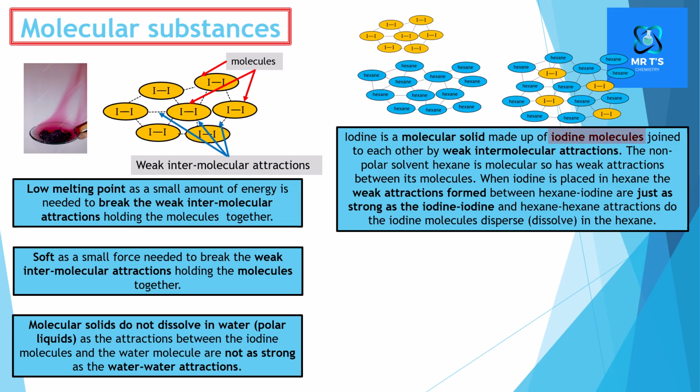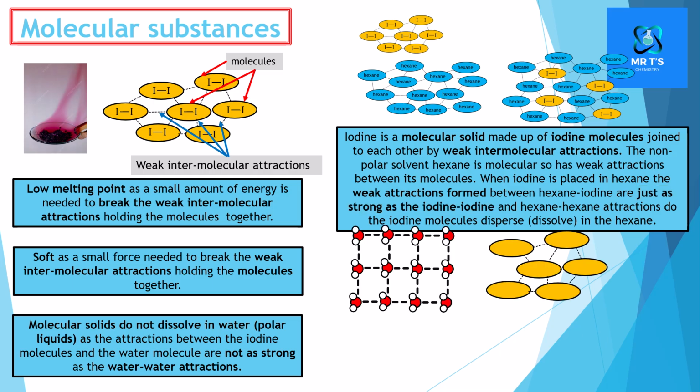So every time we're going to explain the properties, we're going to just say what the substance, the types of bonds and particles that the substance is made up of, held together by weak intermolecular attractions. The non-polar solvent hexane is molecular, so it also has weak attractions. When iodine is placed in hexane, the weak attractions it's formed are just as strong as the iodine-iodine and hexane to hexane attractions, hence it dissolves.